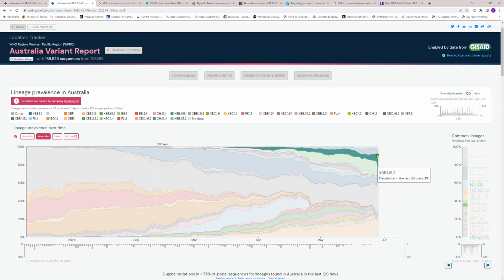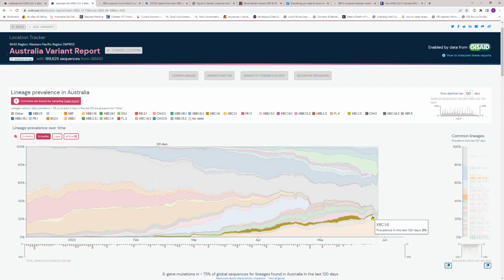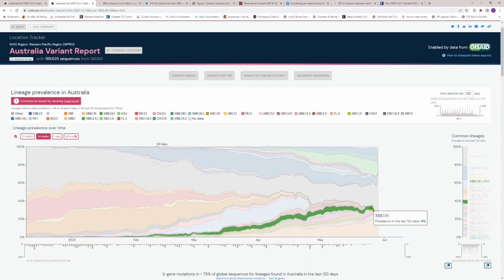One of them, I think XBB.1.16.3, is that even on here yet? If its prevalence hasn't been around for a while, it won't appear on this chart.